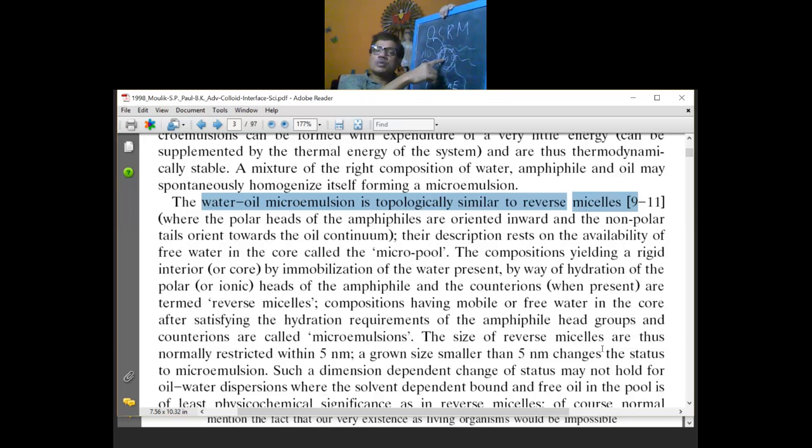Inside the core there would be water molecules. On the other hand, if I take a normal micelle, the core of the normal micelle is hydrophobic in nature, so I can accommodate some oil molecules in it. So topologically, a water-in-oil microemulsion is similar to a reverse micelle, and on the other hand, oil-in-water microemulsions are topologically similar to the normal micelle.